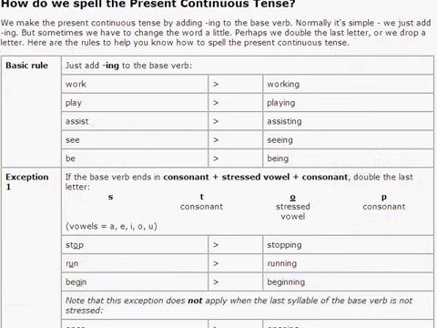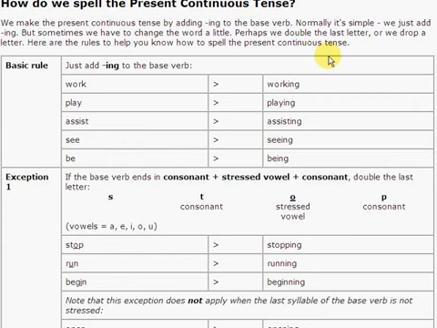Now, let's have a more detailed or thorough explanation or discussion about the spelling. How do we spell the present continuous tense? We make the present continuous tense by adding ing to the base verb. Normally, it's simple. We just have to add ing. That's the basic rule.